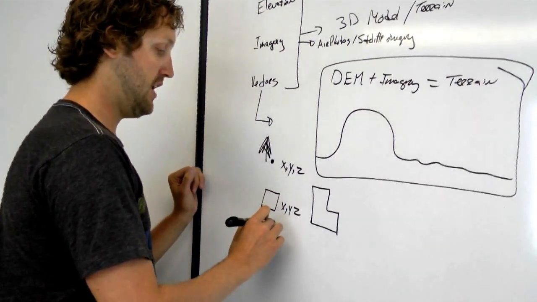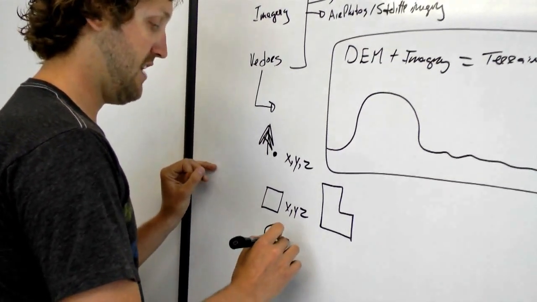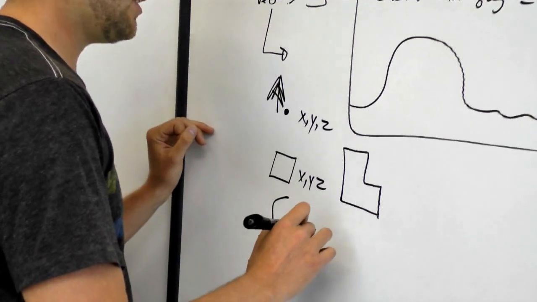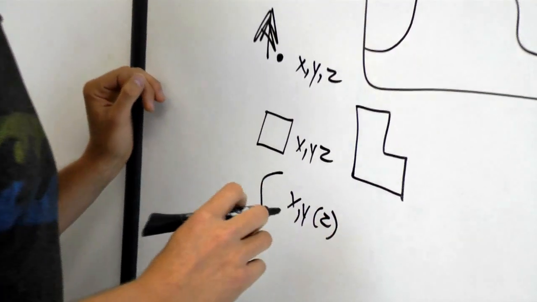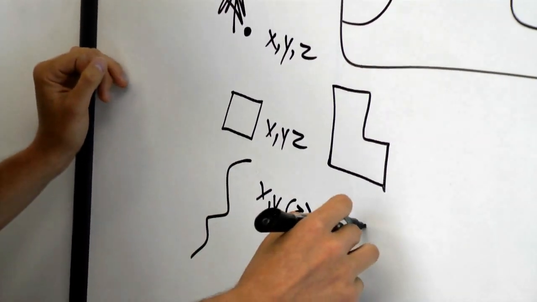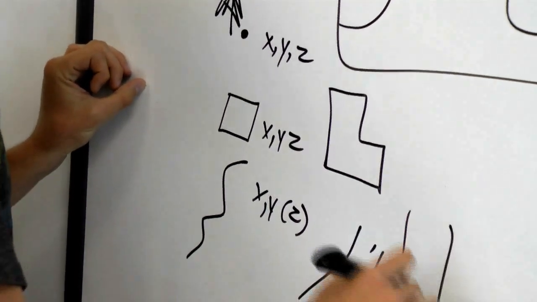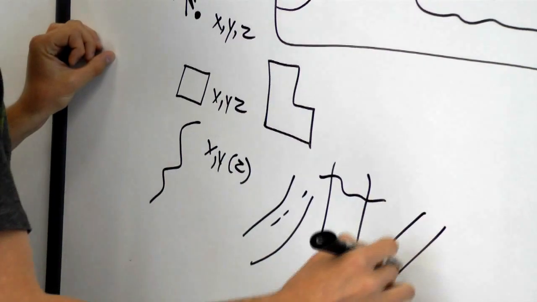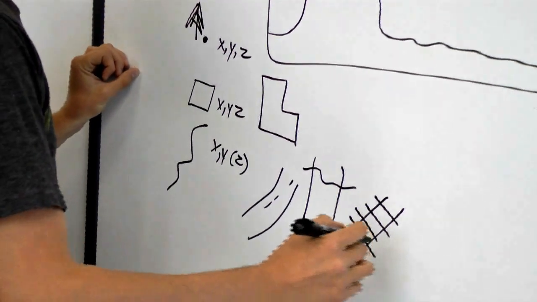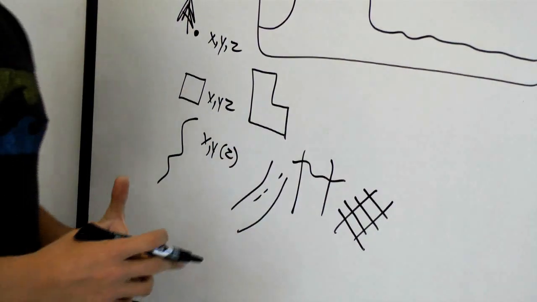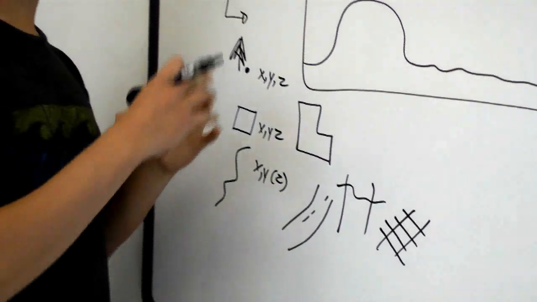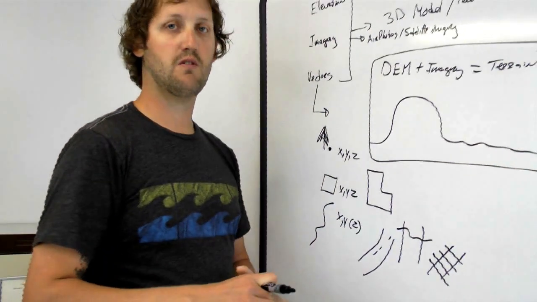We also can have line features, which generally have X, Y's, but sometimes a Z value, and represent roadways, power lines, or railroad tracks. A lot of this will all come together to help create a fully immersed simulation.